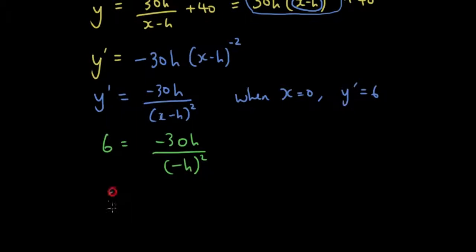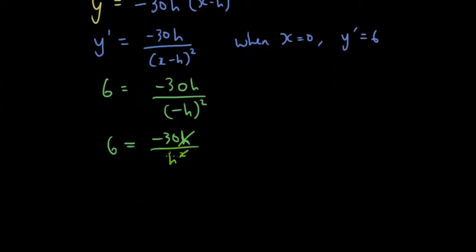And if I keep going with that, I get 6 equals negative 30h over h squared. The h and the h squared, you can cancel something, so it's negative 30 over h equals 6, so therefore h equals negative 30 over 6, which is negative 5.